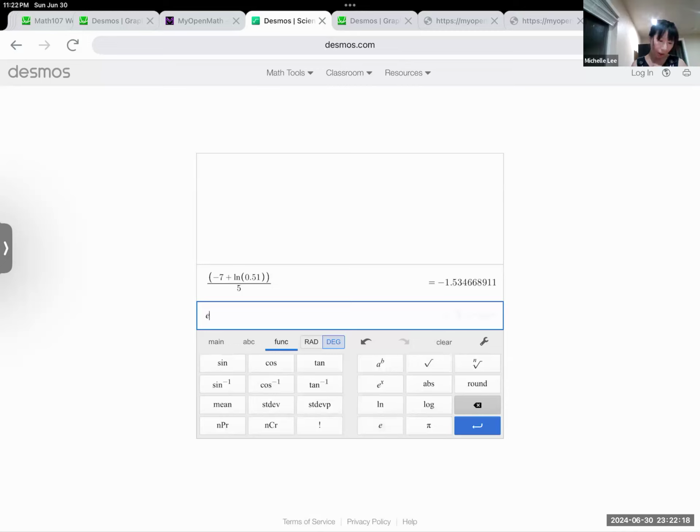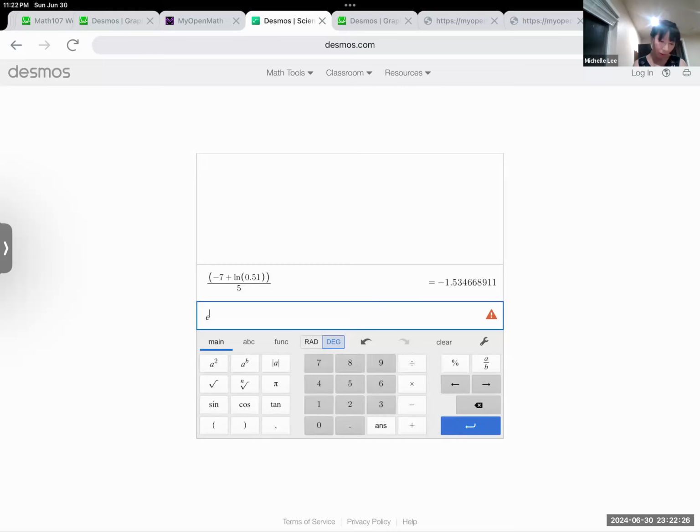There is, right? e to the power, and then 4.287, which is 72.74789, which is 72.75, which is 73, the same as we got earlier, right?